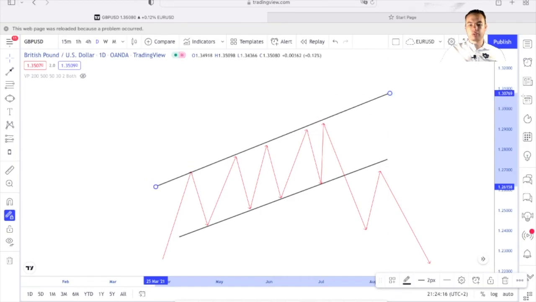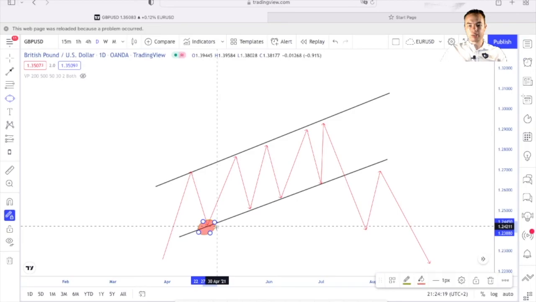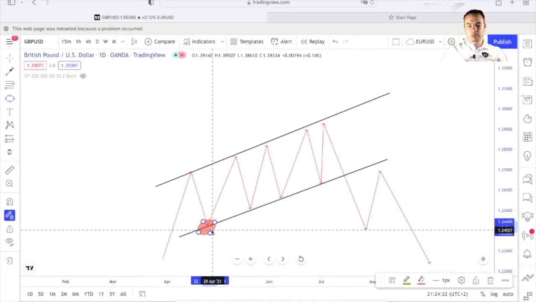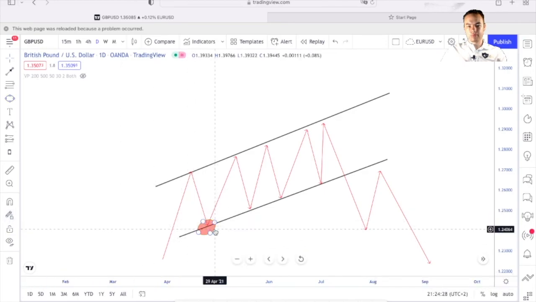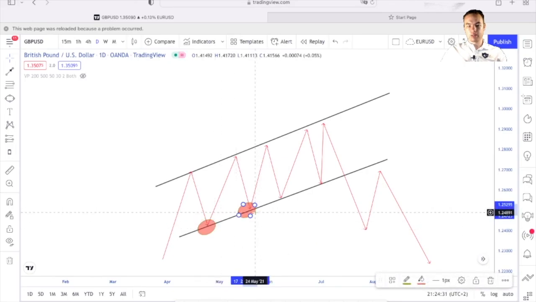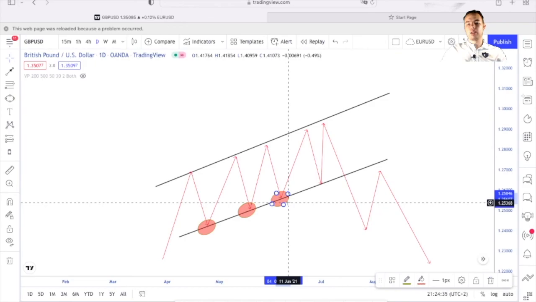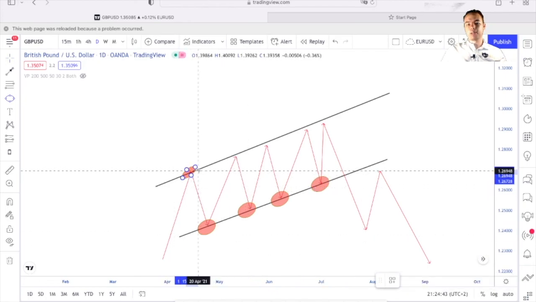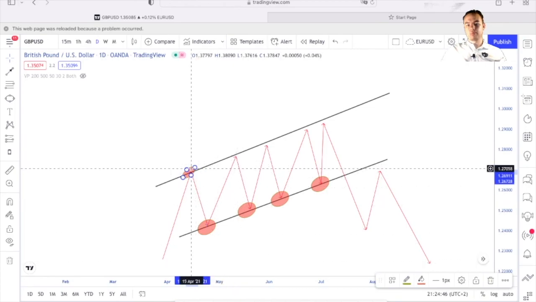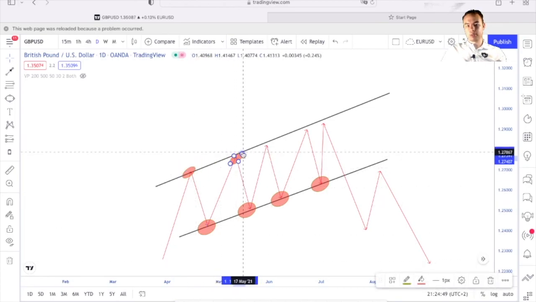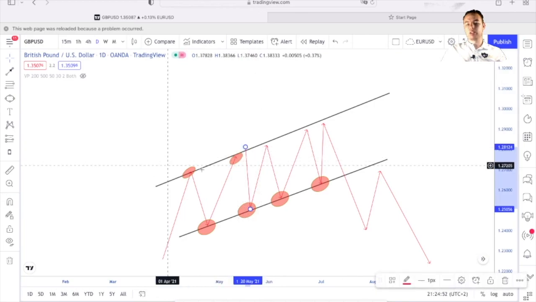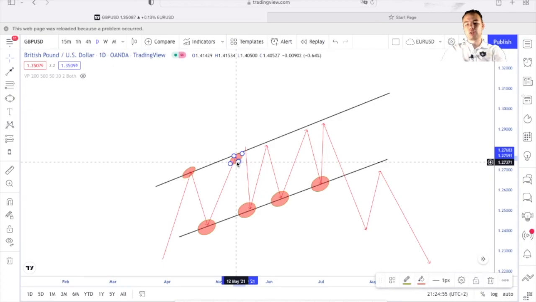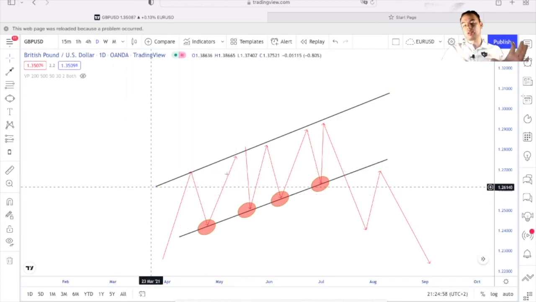As a beginner, remember you want to always buy on the higher lows. So buy there, buy there, buy there. If you're a more advanced trader, then you can sell on these, but it's short term, quick, minor pips. But I wouldn't suggest that. Remember, you're going against the trend if you're selling there, because the trend is bullish.